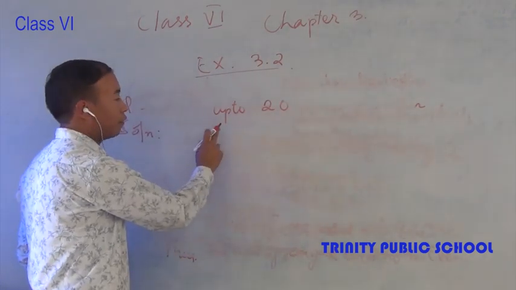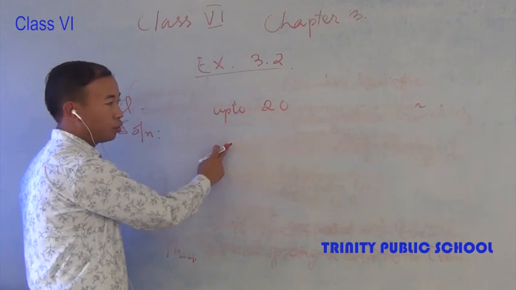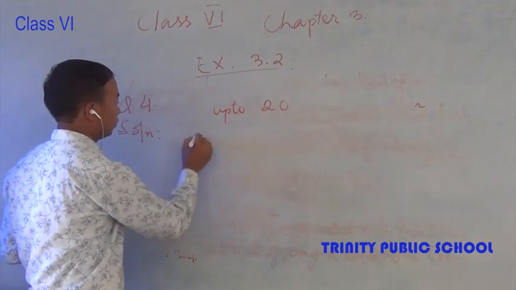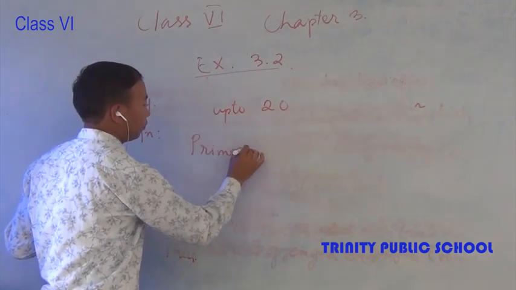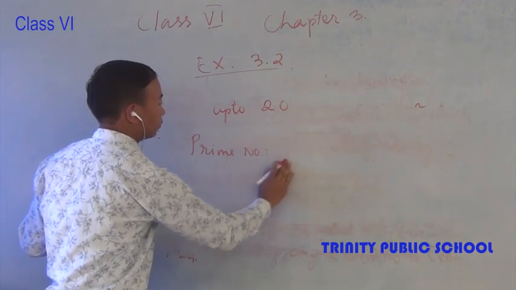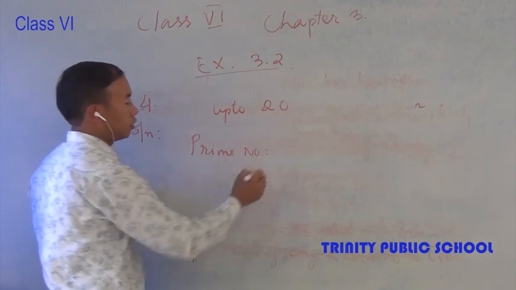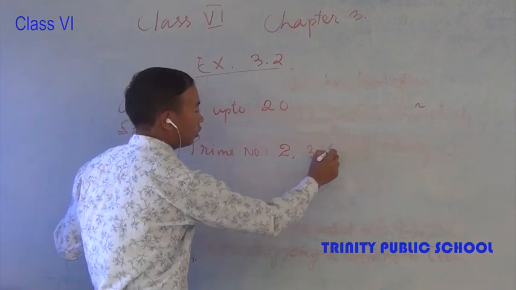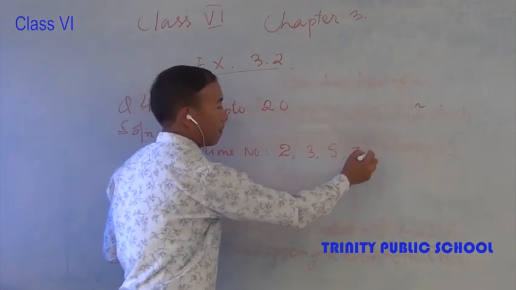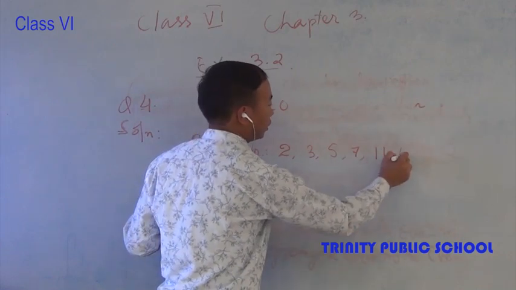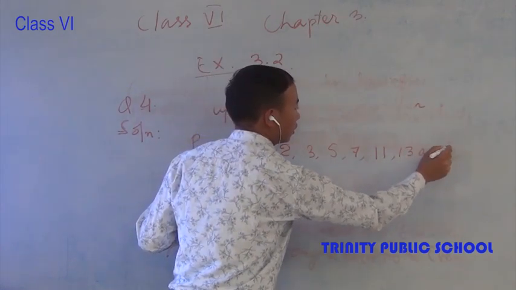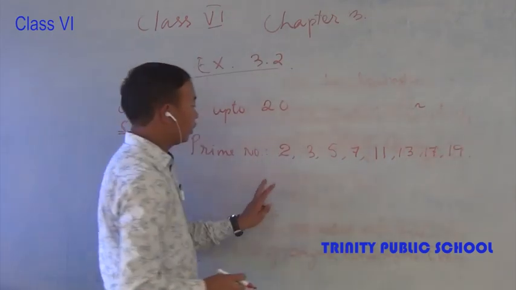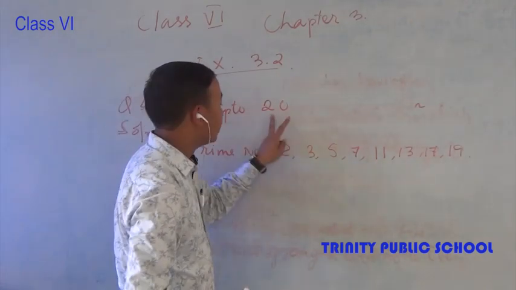Up to 20, the question says find out prime numbers as well as composite numbers. Prime numbers: 2, 3, 5, 7, 11, 13 and 17, 19. These are called prime numbers less than 20.